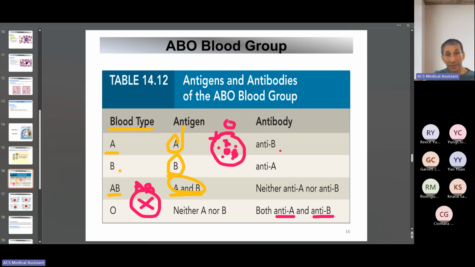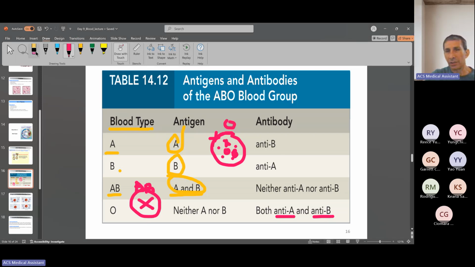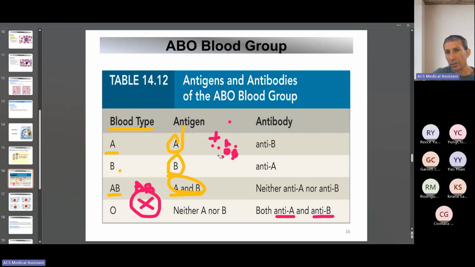So that's how blood types are determined. That's how we know which blood type you have. Once again, very important, because if you go for a surgical procedure and we need to transfuse blood because you're going to be losing blood, we need to transfuse blood that is your type.